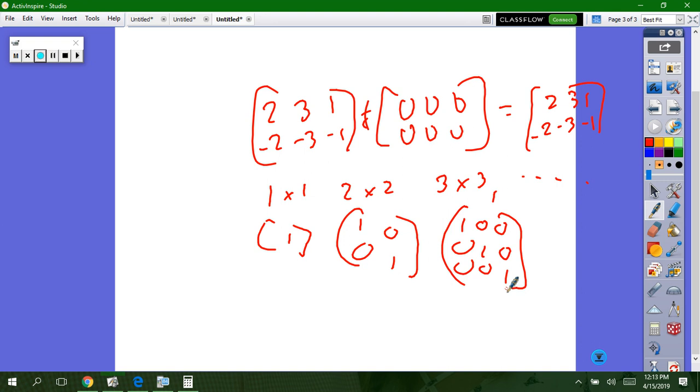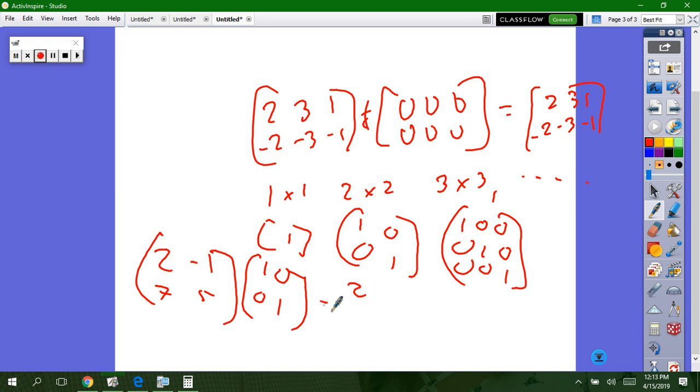Okay? And let me show you that it works. So let's take a 2 by 2: 2, negative 1, 7, 5. If I multiply that matrix by my identity matrix, am I able to multiply those two? 2 by 2 by 2 by 2? Sure, here we go. 2 times 1 is 2, negative 1 times 0 is 0. So first row, first column, 2.